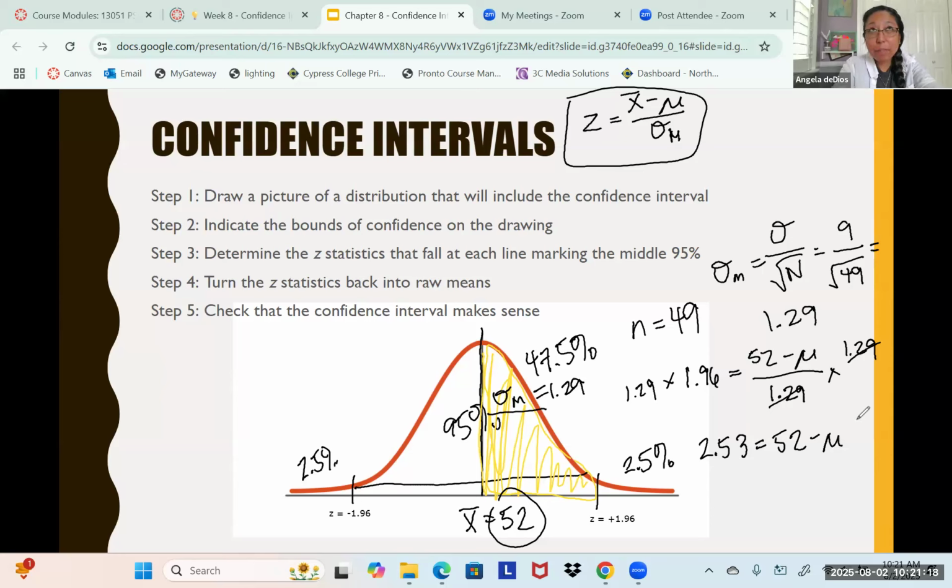Now, I have a problem with negative unknowns. I have a really hard time with that. So I'm going to move my population mean to the other side so that it can be a positive mu. So that will cancel out. All right, so now I can subtract 2.53.